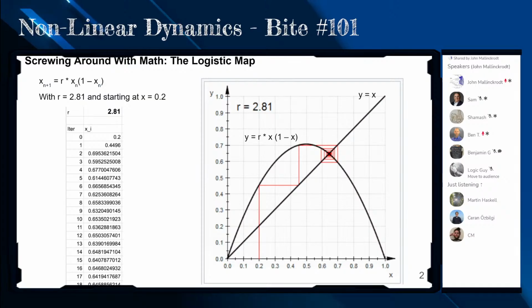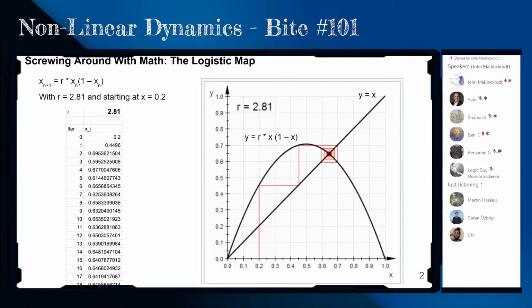But sometimes when you do that, you get sequences of numbers that converge. Sometimes they don't. Sometimes they diverge, and sometimes, as we'll see, they do some odd things.